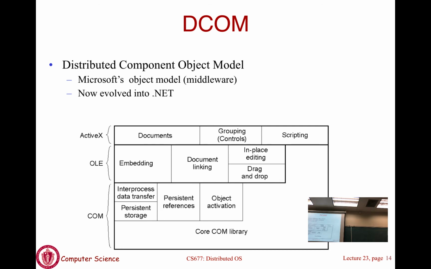And then to enable Microsoft Office to do interesting things, what this evolved into was a layer on top called object linking and embedding, or the OLE layer. What this allowed you to do was have Microsoft Office documents that you could embed in other documents.